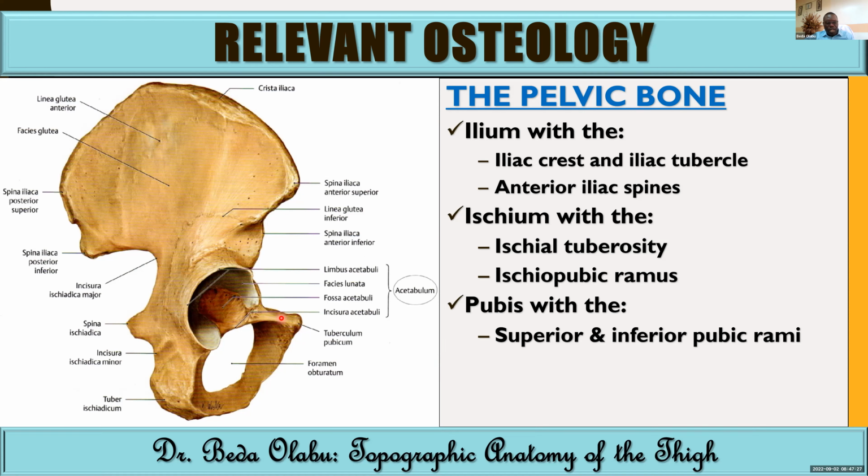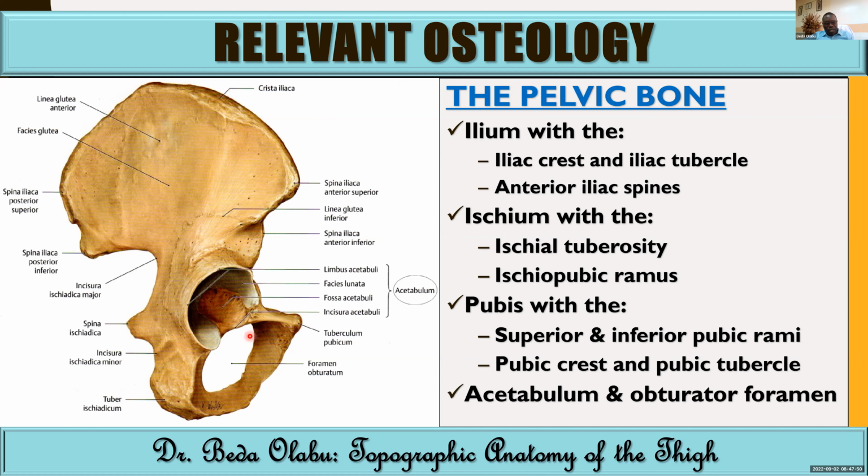So this is the superior pubic ramus, the one that goes towards the acetabulum. And this is the inferior pubic ramus, the one that joins with the ischium to form the ischiopubic ramus. The pubic crest is that region, and that's the pubic tubercle. Of course, we remember the socket of the hip joint, which we call the acetabulum.